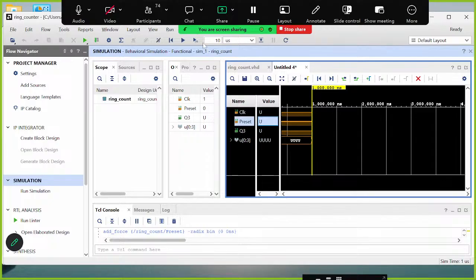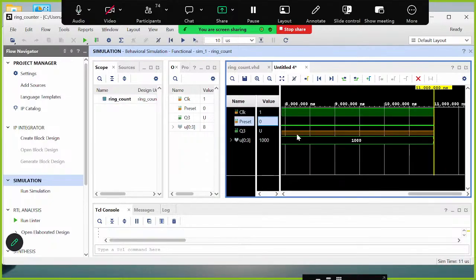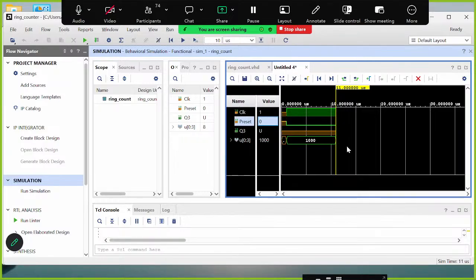Okay, now try to run. Still it is not updating. There is some error. We'll see that later on whether it is working perfectly or not.